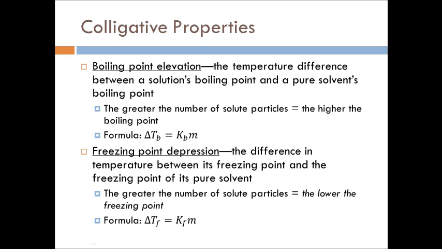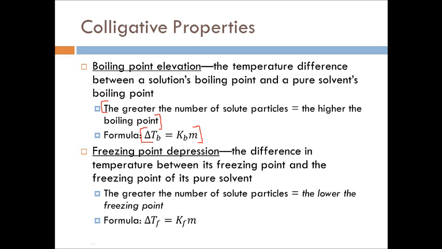All right, and we can actually figure out what that temperature is going to be by the formula of delta TB, which is the change in boiling point, equals some sort of constant, which is Kb. Again, this will be given for each particular compound, times molality. All right, and similar to vapor pressure lowering, the greater the number of particles of solute, the higher the boiling point.